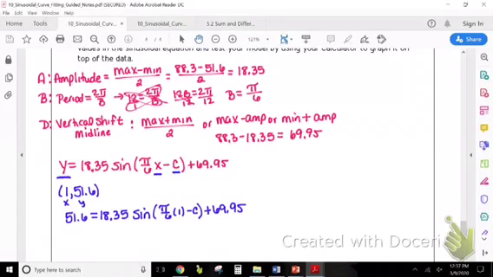So first thing I'm going to do is, you see inside that parentheses, those are being multiplied. So 51.6 equals 18.35 sine of, what's pi over 6 times 1? Good. Minus c plus 69.95.